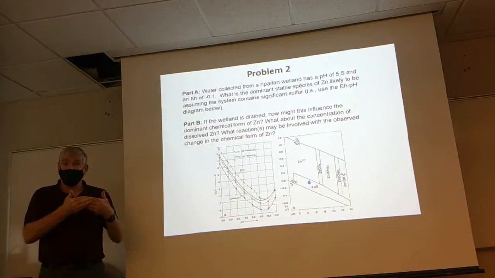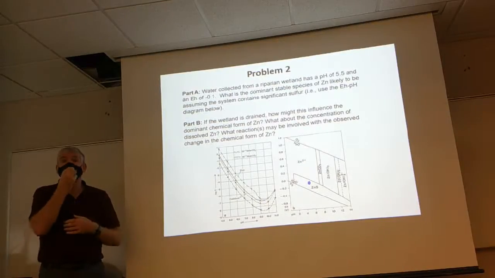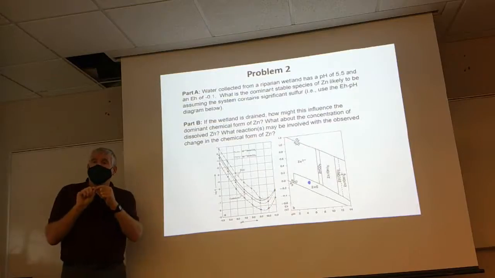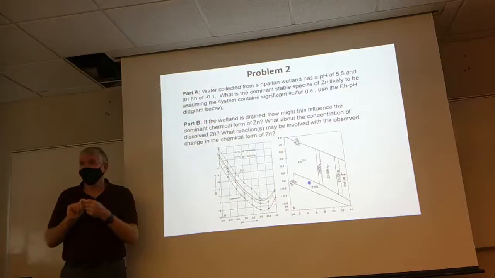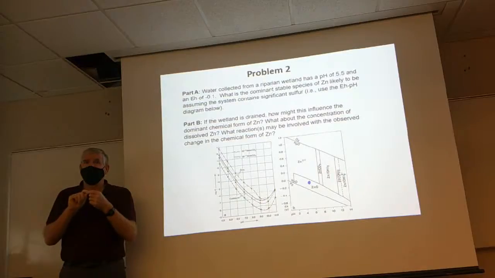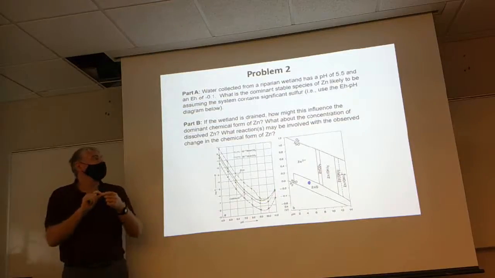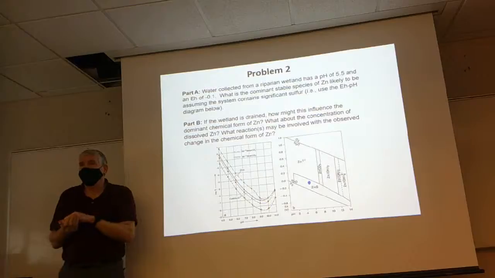We've changed the EH, right? And what do we know about the iron and manganese oxides and hydroxides? They are sensitive to redox changes. So they're redox sensitive. And in reducing conditions in the wetlands, are they going to be soluble or insoluble?